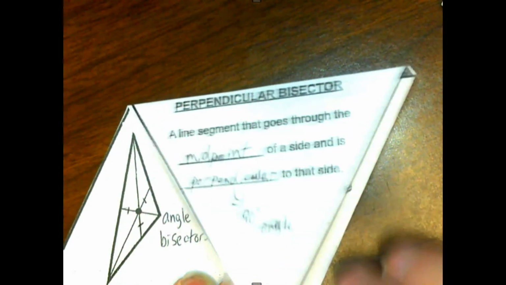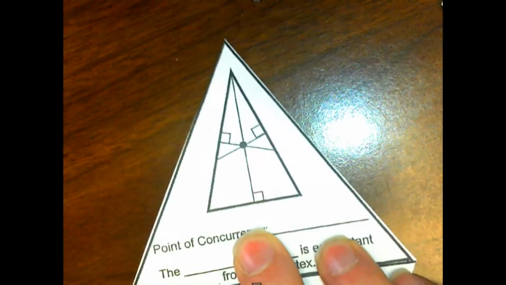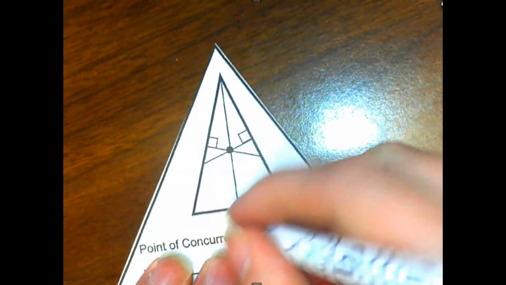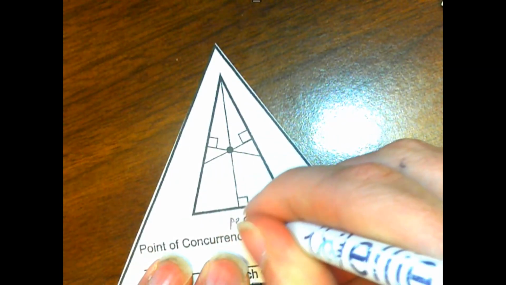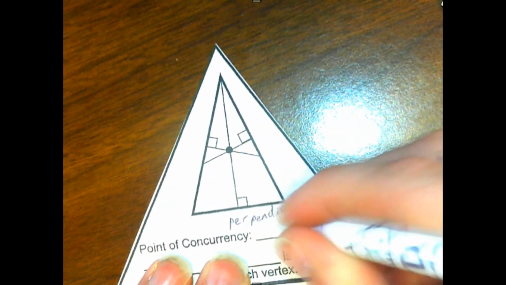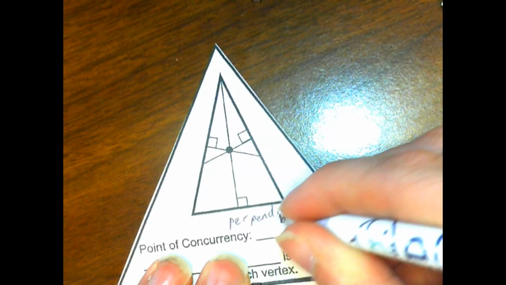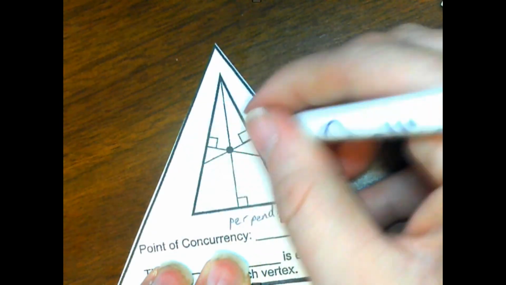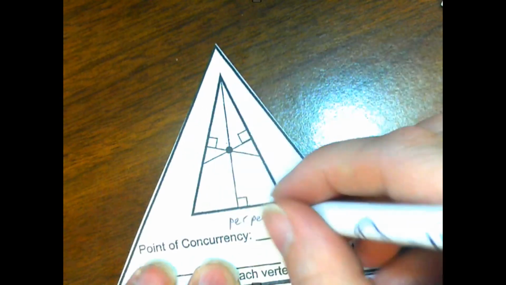So on the other side of this, we have this point of concurrency where the three perpendicular bisectors for a triangle all meet. That point is called the circumcenter.